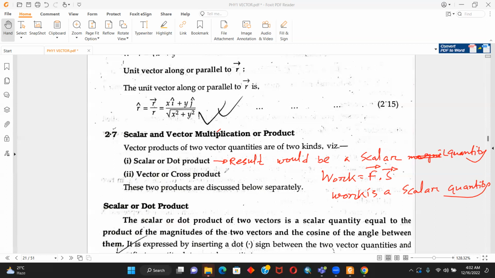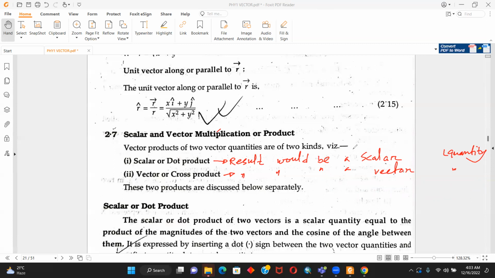And for vector or cross product, the result would be a vector quantity. All right.